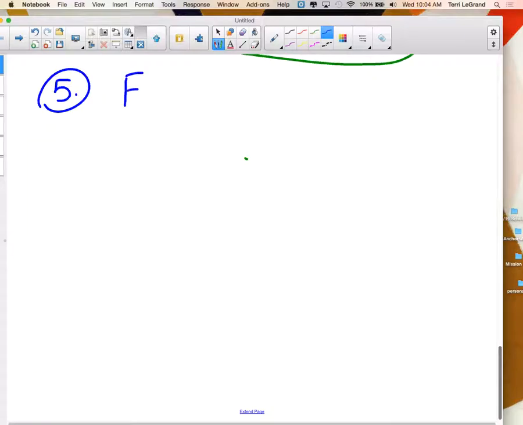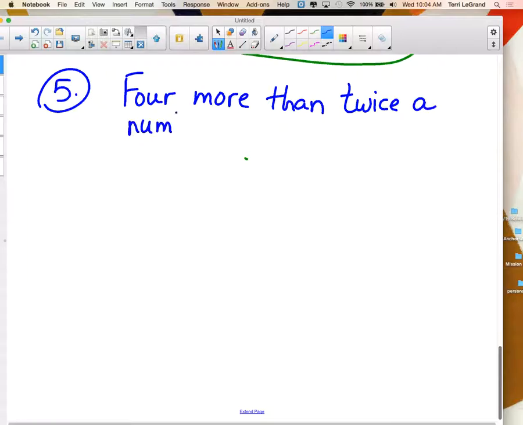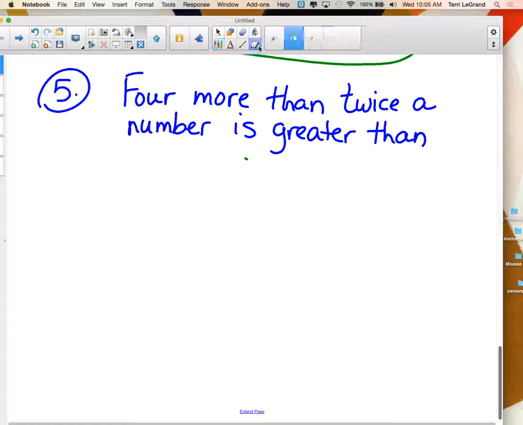So write out this for me first, what I'm writing. 4 more than twice a number is greater than 2/3 of the number.